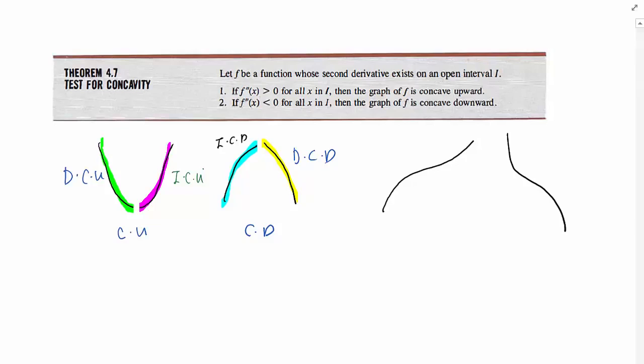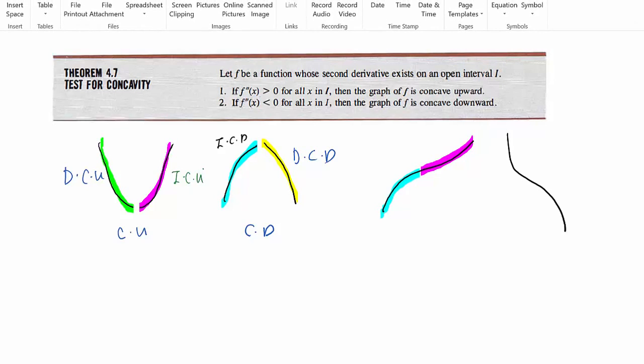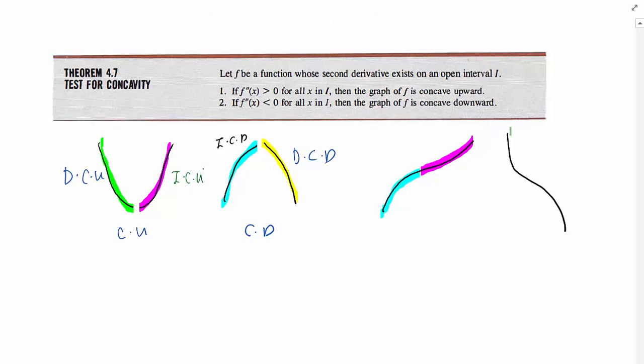Okay, then even here, now you can say this is concave down increasing, and now somehow here is concave up increasing. Makes sense? Also, this graph, somehow this is concave down decreasing, and some point is concave down decreasing here.